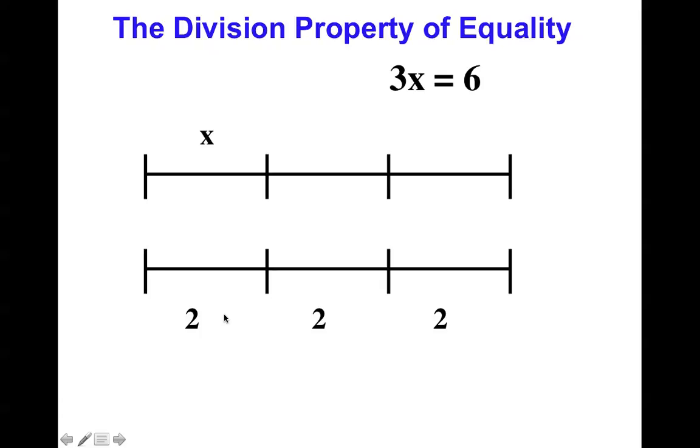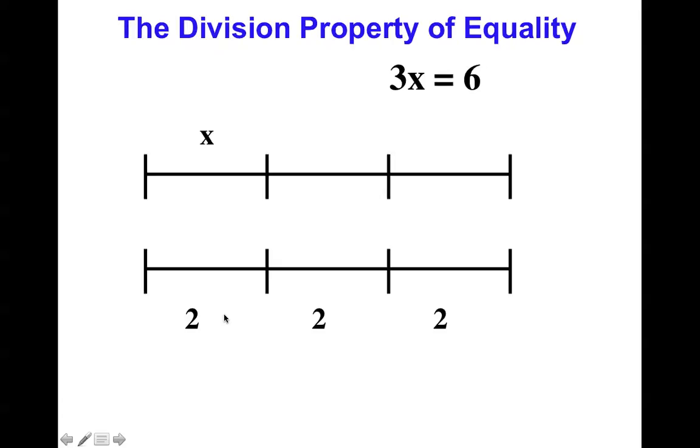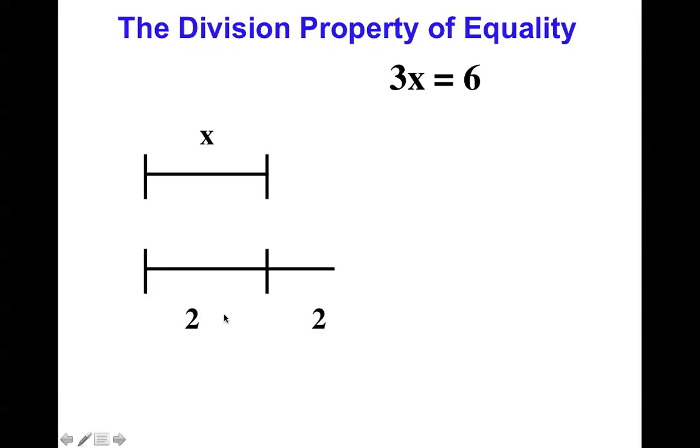So to be able to get the x by itself, all I have to do is eliminate all the other x's, and all the other 2's. And each x would equal the 2. What did I do here?